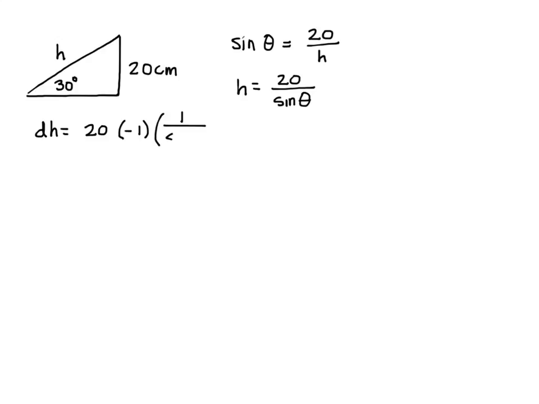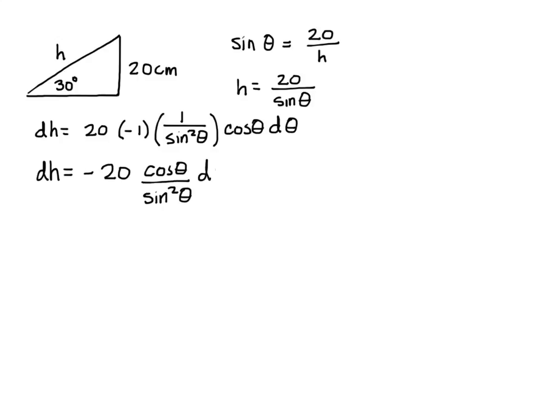And so we have to take the derivative of this, so it's 20 because that's just the coefficient. And then we have sine to the negative 1 power. So the derivative of that is negative 1 over sine squared times the derivative of the sine, by the chain rule. And so here we have this expression, and we can put all these things together.